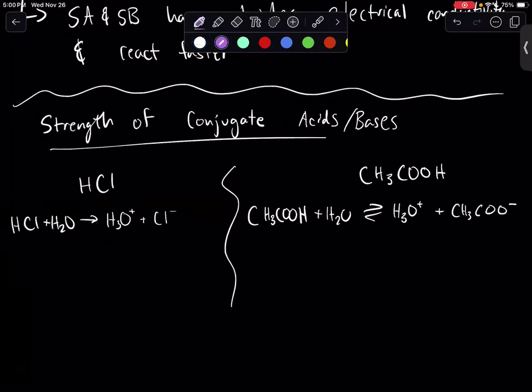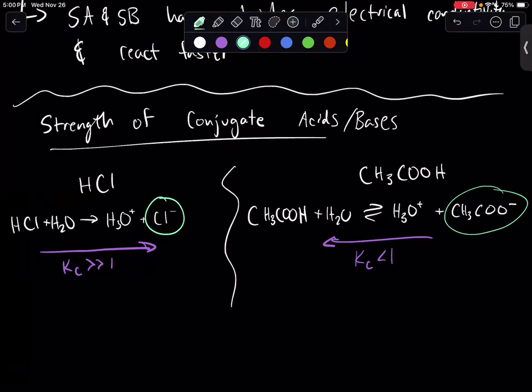So in our first case, we can tell with our arrow, and because our Kc is far greater than 1, that our equilibrium lies towards the products. However, in our weak acid, our Kc is less than 1, and so our equilibrium lies towards the reactants, meaning that Cl-, our conjugate base, will pretty much never turn back into HCl. Meanwhile, CH3COO- will quite often revert back to CH3COOH.